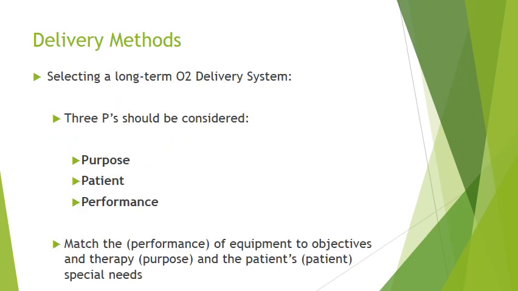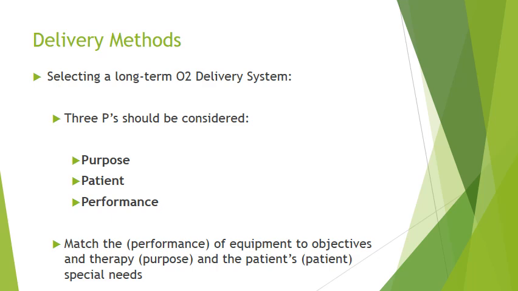When selecting a long-term O2 delivery system, you want to keep in mind the 3 P's, and the 3 P's consist of purpose, patient, and performance. So the goal is always to match the performance of the equipment to both the objectives of therapy, which is also purpose, and also you want to look at the patient's special needs.